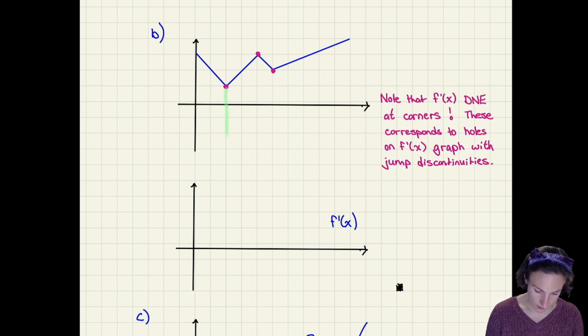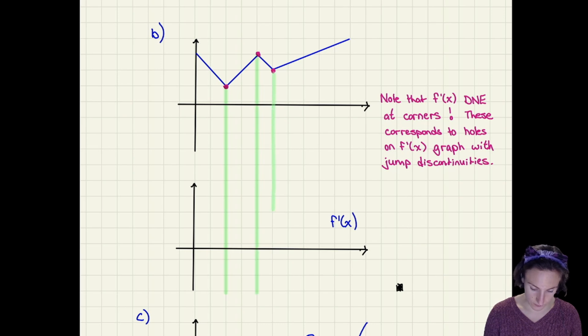So I know that at this x value, and then at this one, and then at this one, our derivative function is not going to exist. So we're going to have holes somewhere along these green lines. Now, let's look at where this piecewise function is increasing and where it's decreasing.